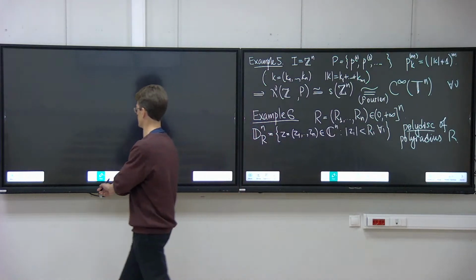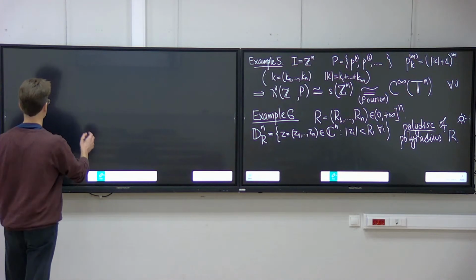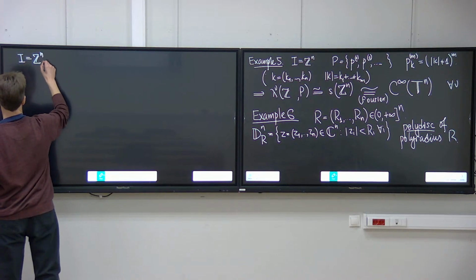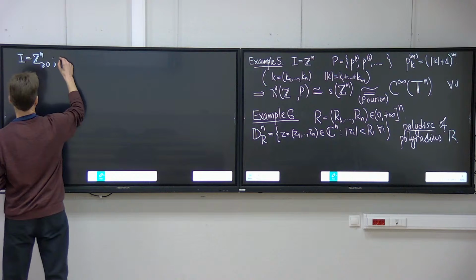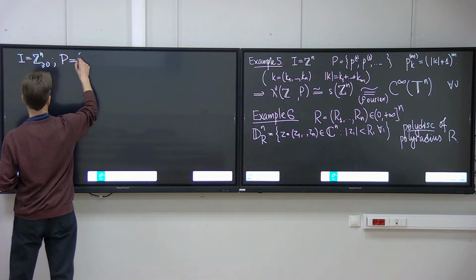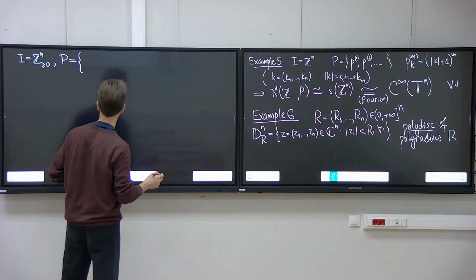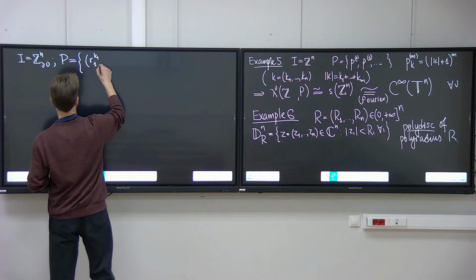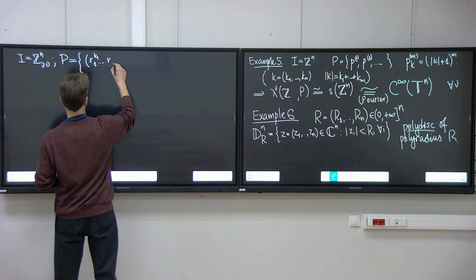Now we construct the following Köthe set. The index set will be the set of all n-tuples of non-negative integers, and the Köthe set P consists of all sequences of the following form: r1 to the power k1, r2 to the power k2, and rn to the power kn.